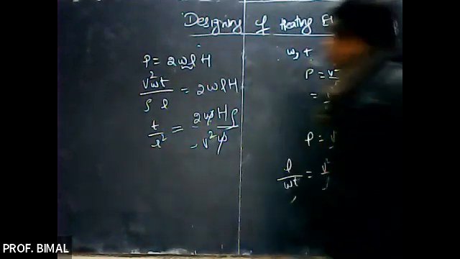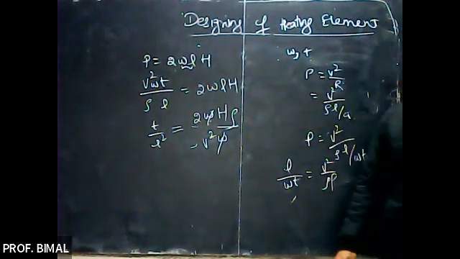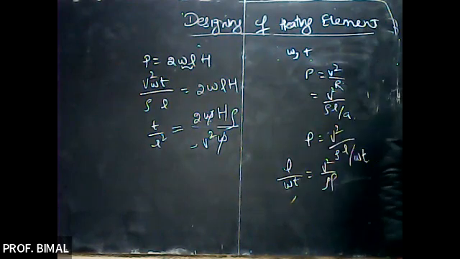So T upon L square is equal to 2H rho over V square.